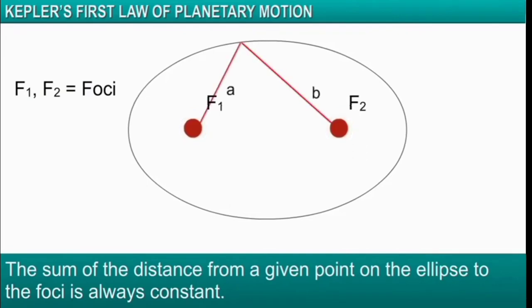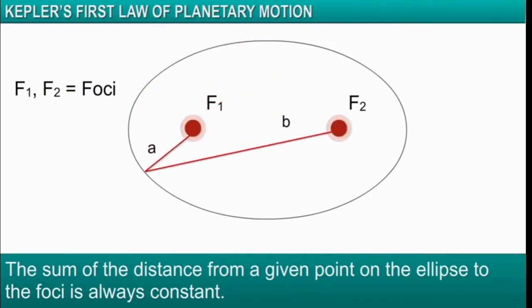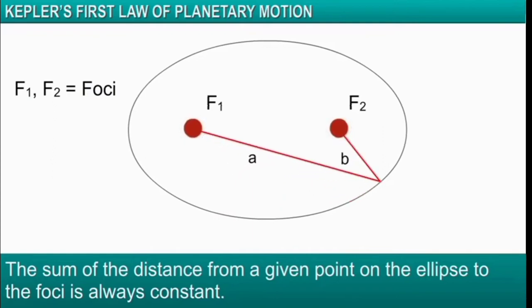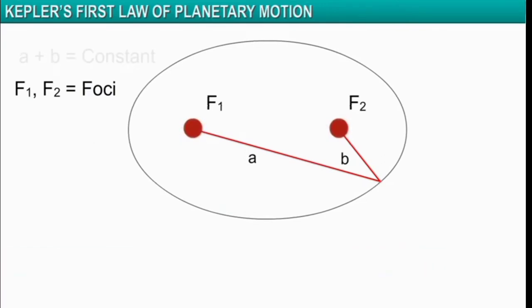The sum of the distance from a given point on the ellipse to the foci is always constant. In the given figure, a plus b is always constant.